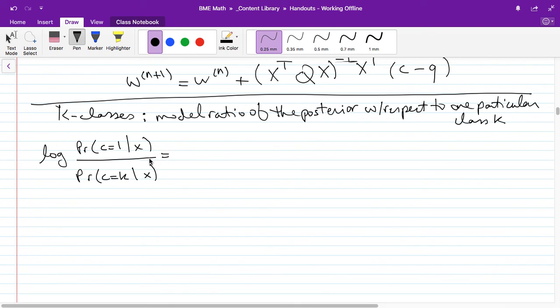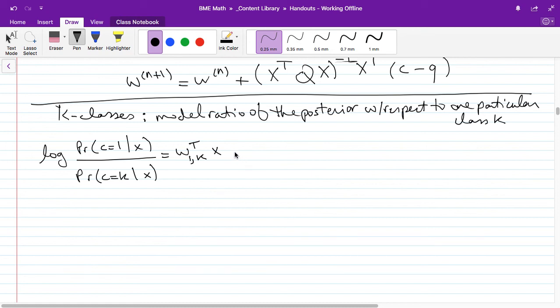So we just saw that this log is going to have a linear function. So it's going to be a W transpose of, say, (1, k) times x. So it's going to be a linear function of the input vector x.